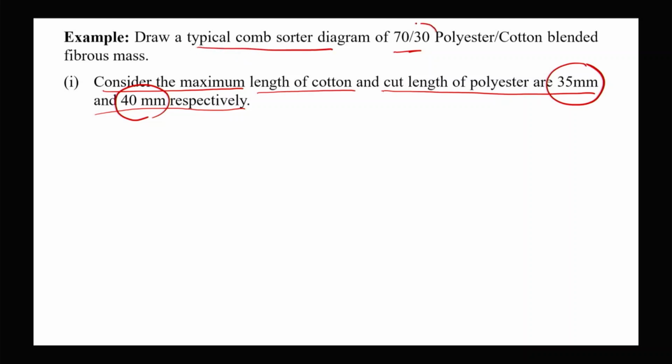The mass proportion we will try to do approximately. Now, imagine these fibers are mixed, so polyester and cotton are mixed in a mass.